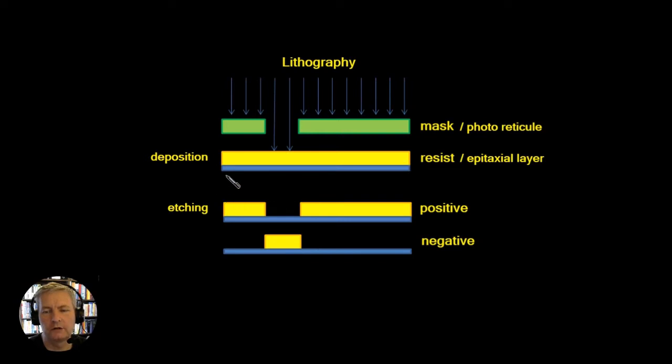Category 1 are changes that we can make on top of the silicon wafer. Category number 2 are changes that we can make within the silicon wafer, for example, creating N-type and P-type areas of dopant. Thirdly, we're going to look at processes that both grow on top of the silicon wafer and inside the silicon.